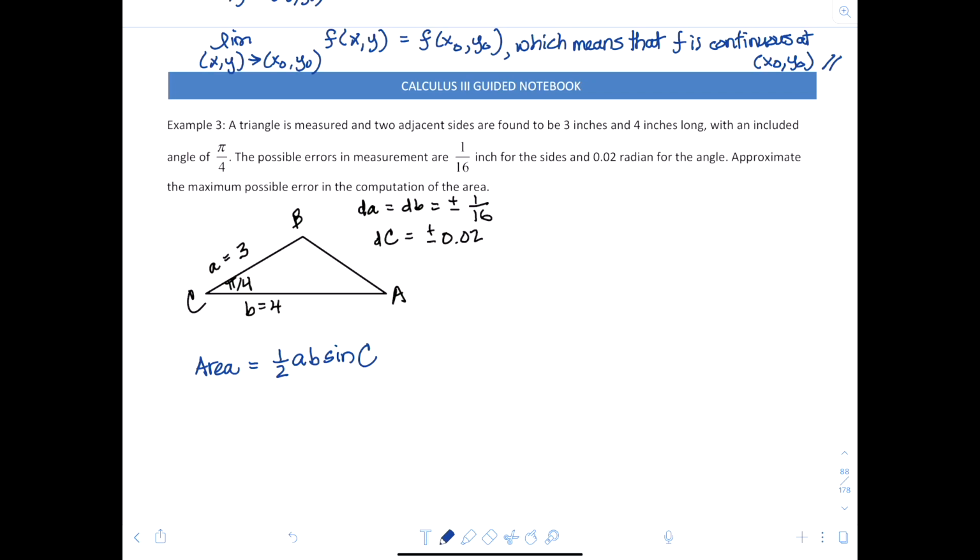So we're not going to put in any of the measurements until we actually do the derivative, right?